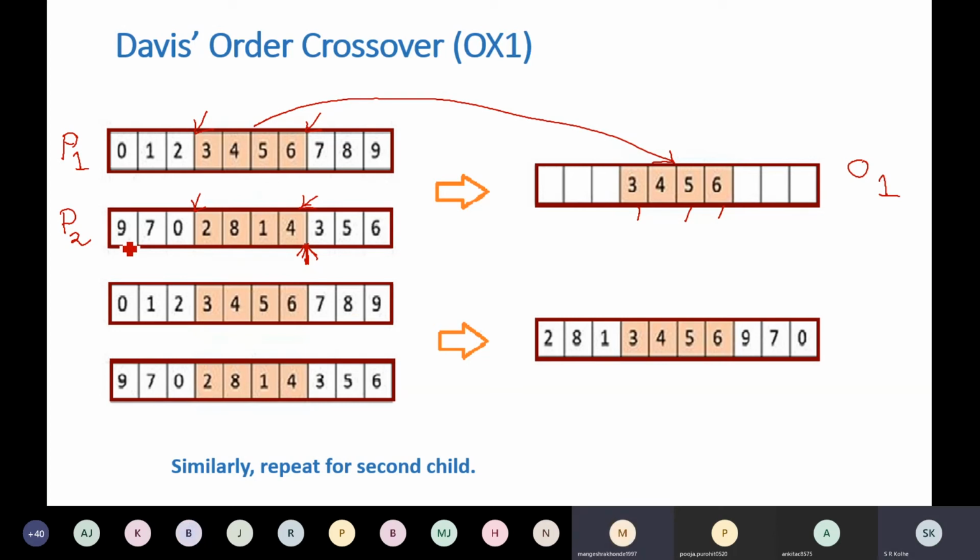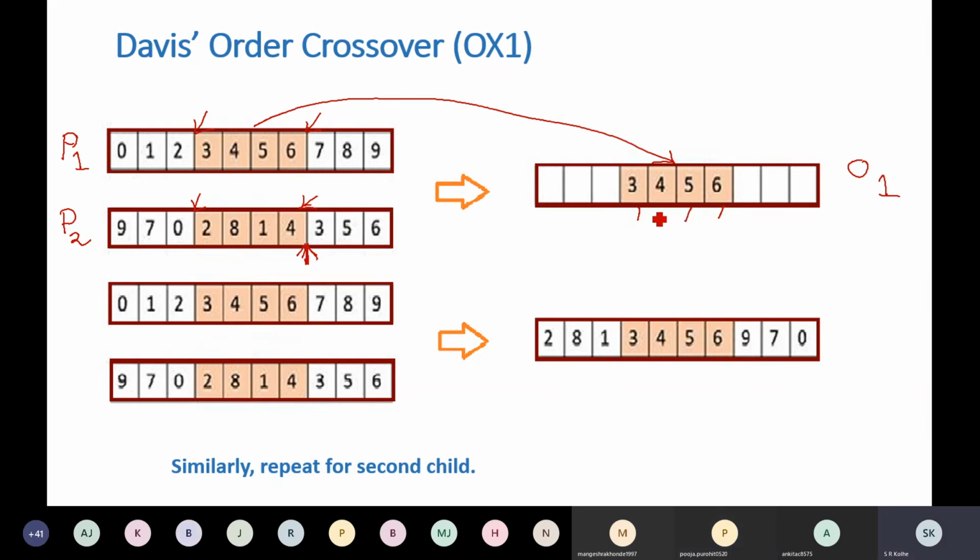Then next number 9. 9, is it used or unused? Use means if it is here, then say that it is used. It is not here, that means it is not used. 9, is it present in O1? No, sir.